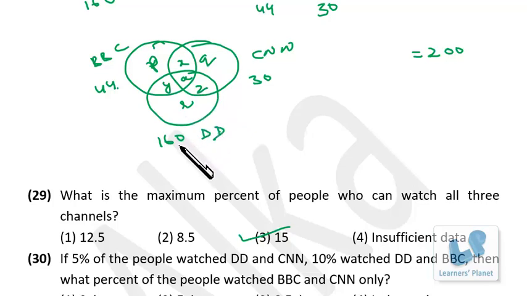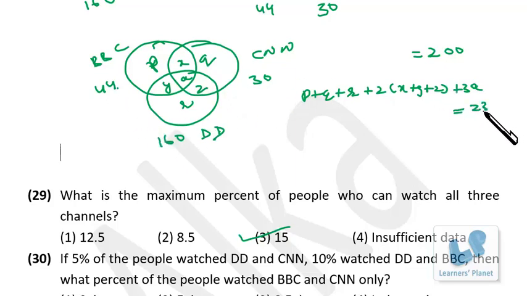That means if we club all the three equations, we will be getting P plus Q plus R plus 2 times X plus Y plus Z plus 3 times A, and that comes to 234. Right? So from this equation, we have to deduct this entire data. So P plus Q plus R will be cancelled, X plus Y plus Z for single time we will have, and 3A minus A, that is 2A, and that comes to 234.